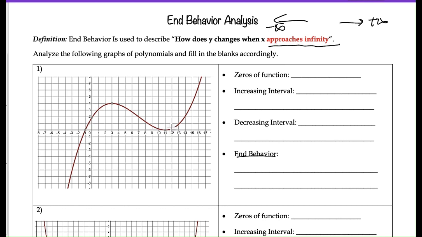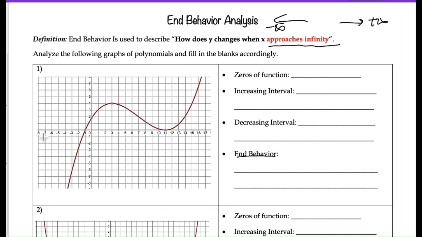So the end behavior, we're talking about the ending part. We are talking about when x is getting smaller and smaller, meaning negative infinity, which also means the left side of the graph. And we're also going to check the right side, meaning x to positive infinity.